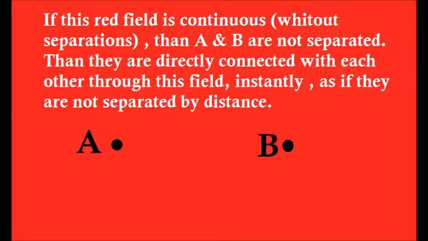And again, in a perfect continuity, nothing is separated by anything. There are no individual things in a pure continuity. So there are also no individual units of space or units of distance or units of time.